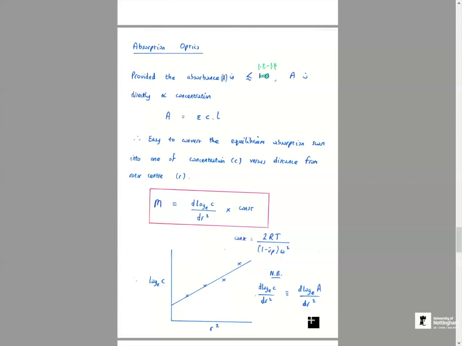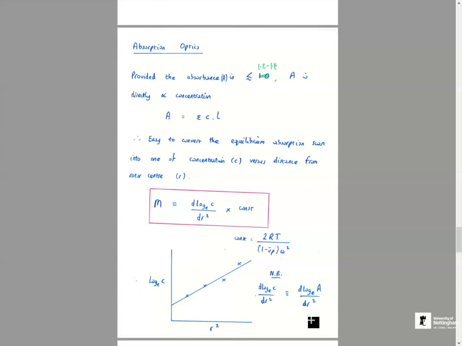The units of concentration cancel, but not the units of r squared. You've got r times r here, which is r squared. So the units of r squared are preserved.